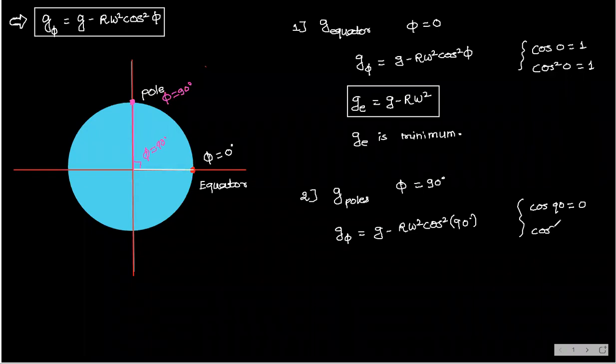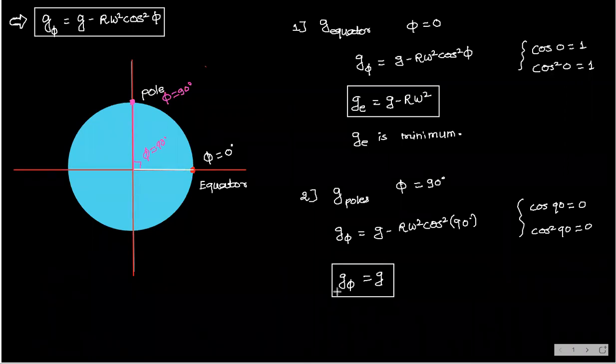So cos square 90 is also equal to 0, and therefore this complete term will become 0. And that's why g_phi is equal to g, which is the maximum. So where will gravity be maximum? At the poles. So g_P is maximum, that is, gravity on the pole is maximum. Understood this part? Any doubt?